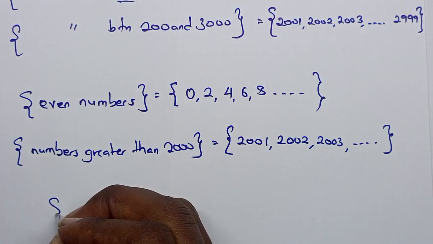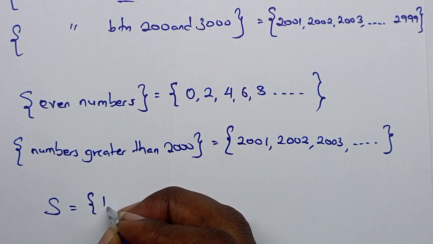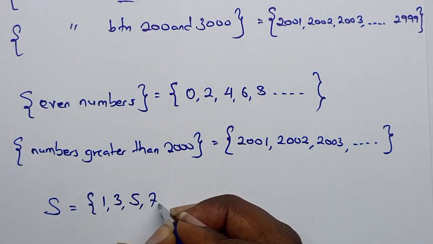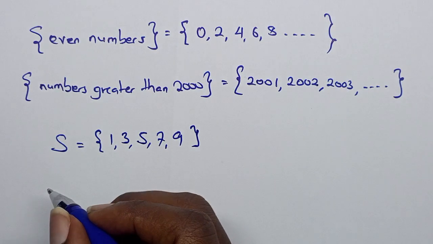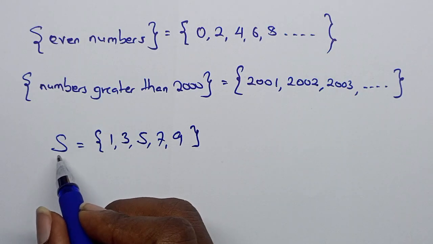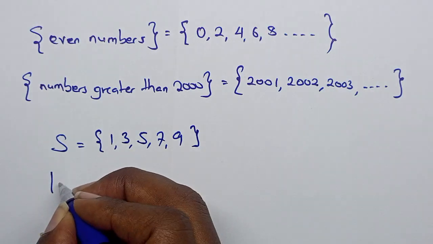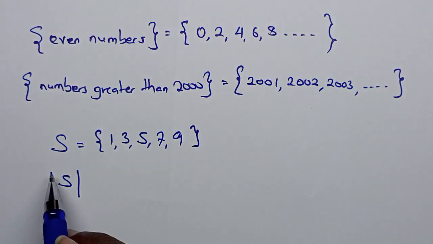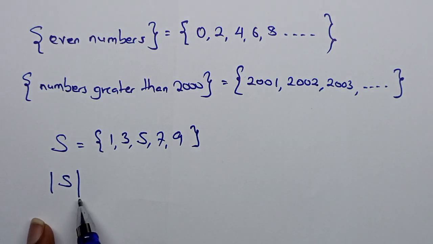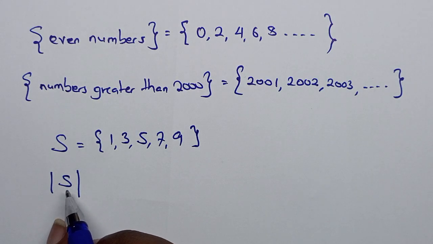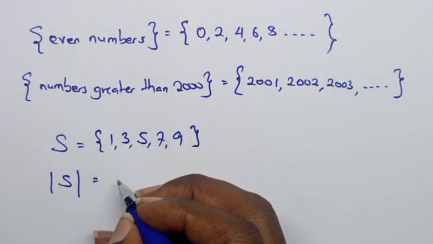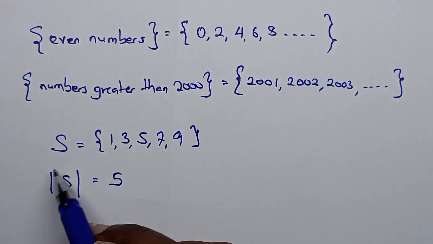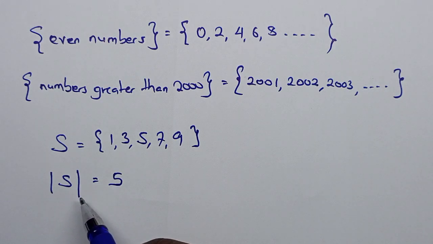Now, if you have a set S which has elements 1, 3, 5, 7, 9, then we can say that the number of elements of set S, which is represented by this symbol here, equals 1, 2, 3, 4, 5. So this is 5. This is how we represent the number of elements of a set.